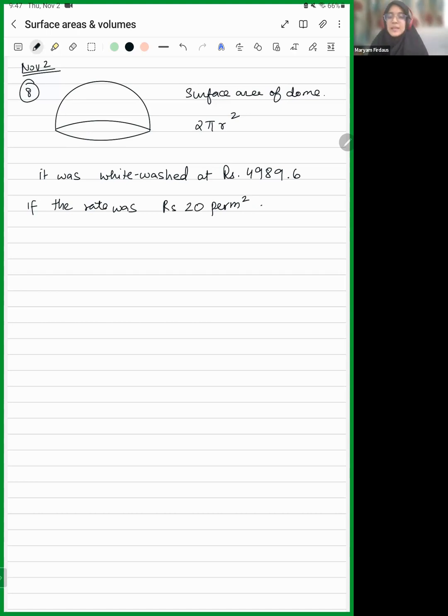Let's say that the curved surface area of the dome be S. So if you apply the unitary method here, area and cost: when the area is 1 meter square, what is the cost of whitewashing?